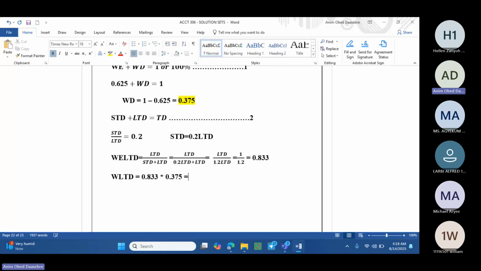So in doing that, what will be the total weight now?